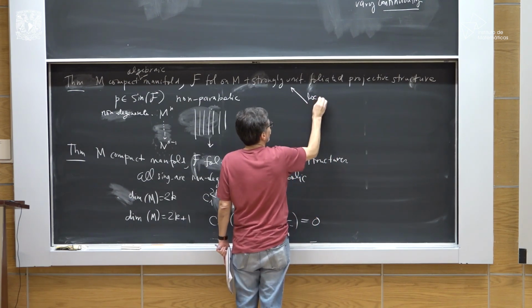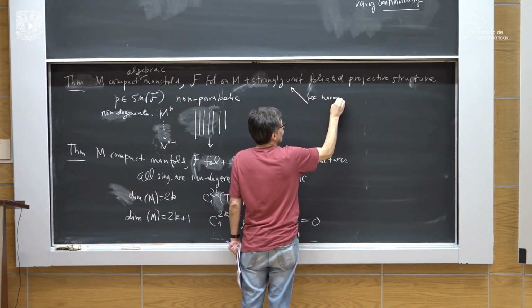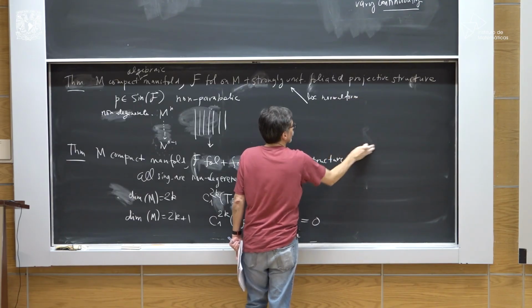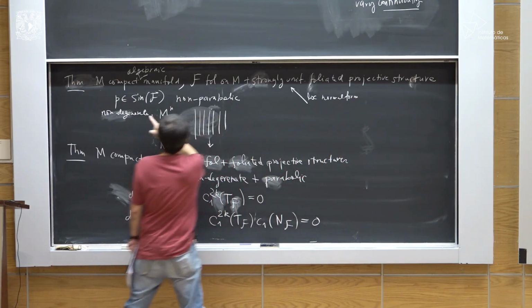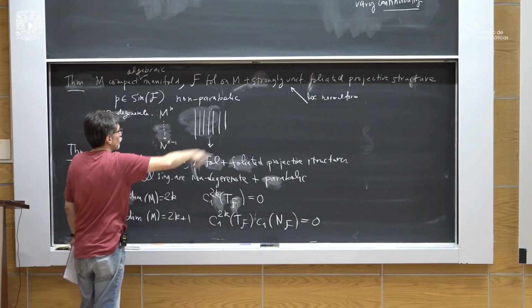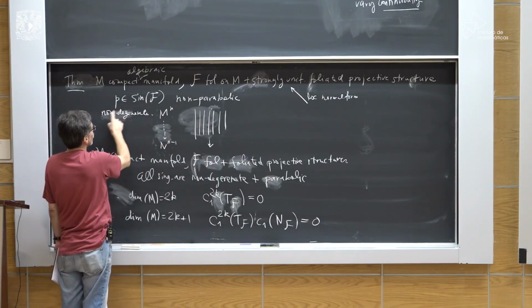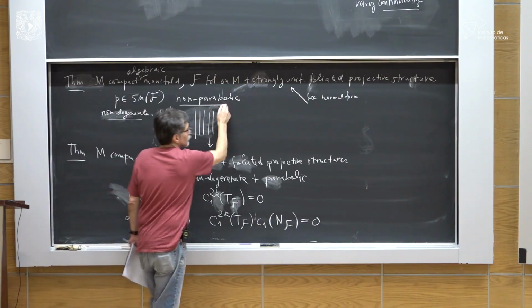So we have local normal forms that tell you that you have a strongly uniformizable ambient manifold, a non-degenerate, non-parabolic singular point.